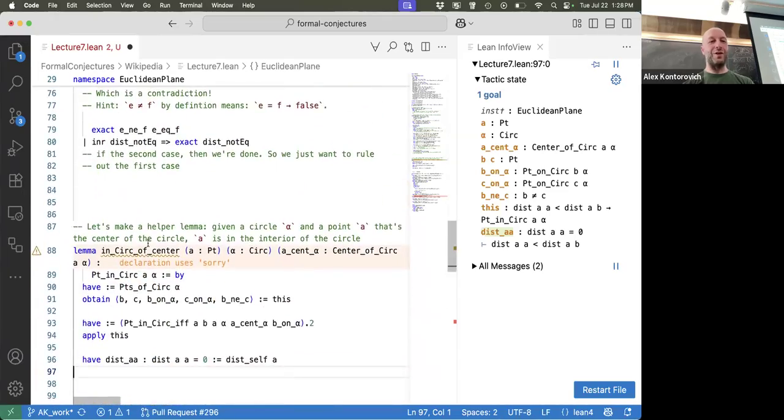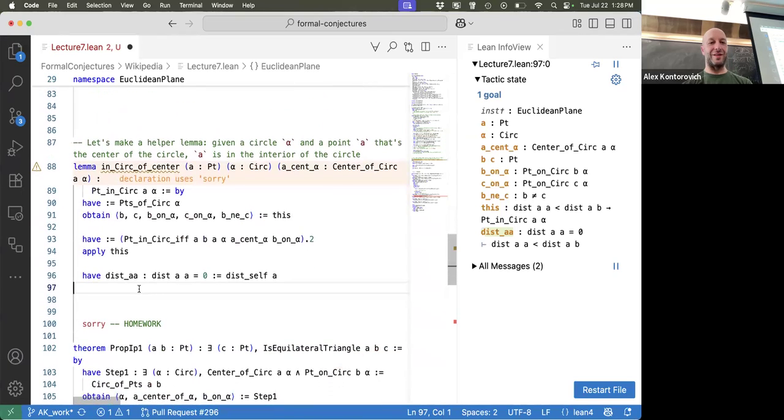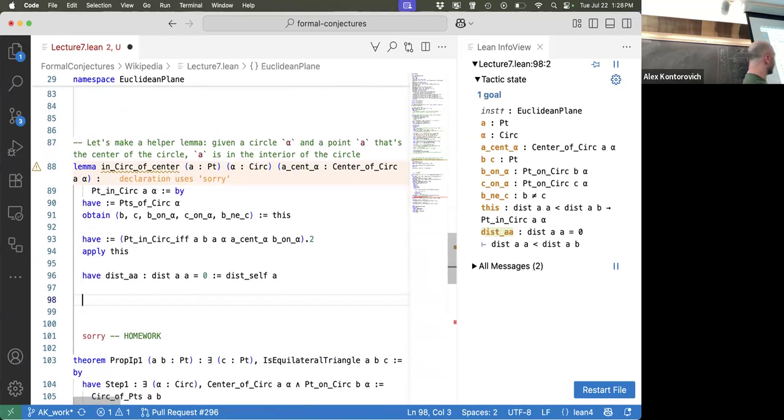We also have to fix that one use of points. But we now have all the information we need. We know that dist of A A is 0. We're trying to prove that dist of A B is positive, and we know that from that theorem. So finish the proof.